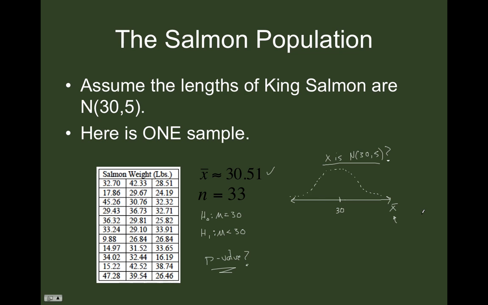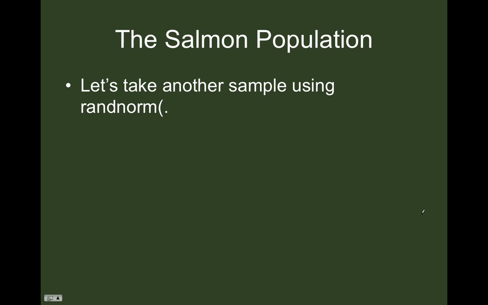Now, what we've done in the past in this class, when we've been interested in a question like this, what's the distribution, one of the things we've done is simulate it. So we have one sample and one sample mean, but let's take another sample. Again, remember, we're assuming x is normally distributed with a mean of 30 and a standard deviation of 5.